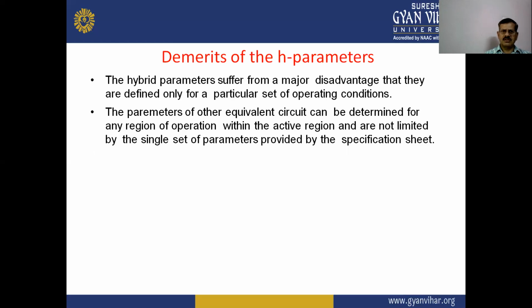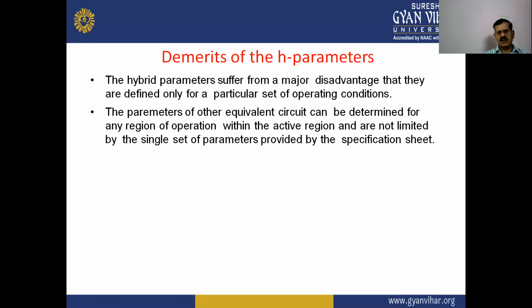We have some demerits of the hybrid models also. The demerit is that the hybrid parameters suffer from a major disadvantage that they are defined only for a particular set of operating conditions.